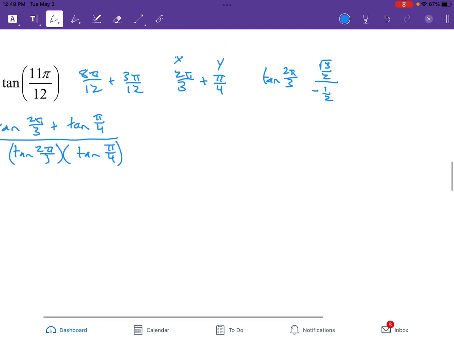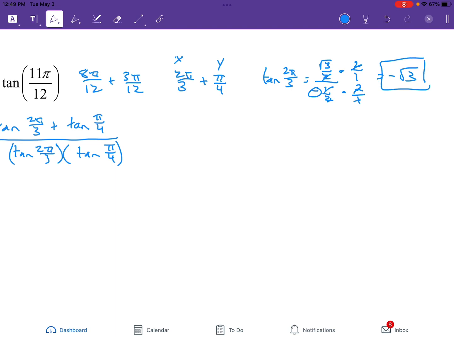So we're going to solve this little part first. So we're going to multiply by 2 over 1. The negative sign will stay. So all this stuff would cancel, and the 2's would cancel. We're left with the negative sign, and then square root of 3. So this is the tangent of 2 pi over 3.